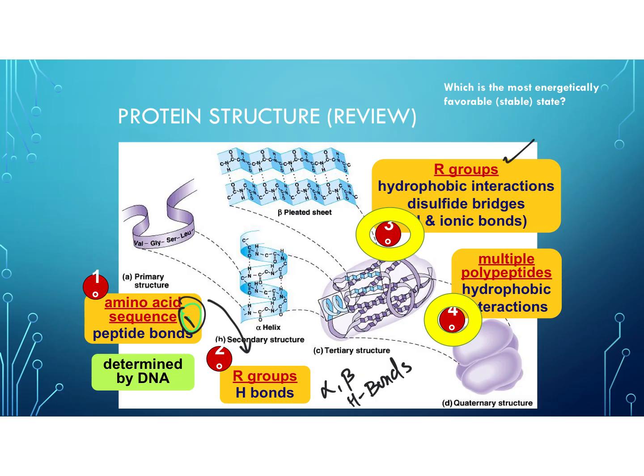This is where you have the R groups interacting with one another and the environment. And then you have multiple tertiary structures coming together to form the fourth one, which is the quaternary structure. And the quaternary structure is what determines the trait.